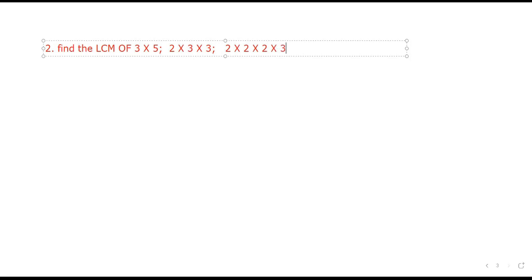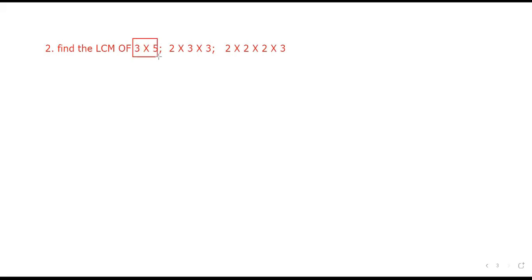Now, what if you have numbers like this, and it says that we should leave our answer in prime factors? I'll leave my answer in prime factors, and I'll also leave it as a normal number. Now, what am I going to do first?